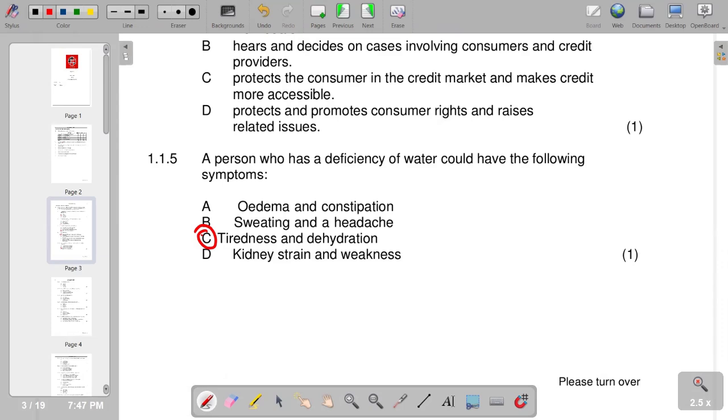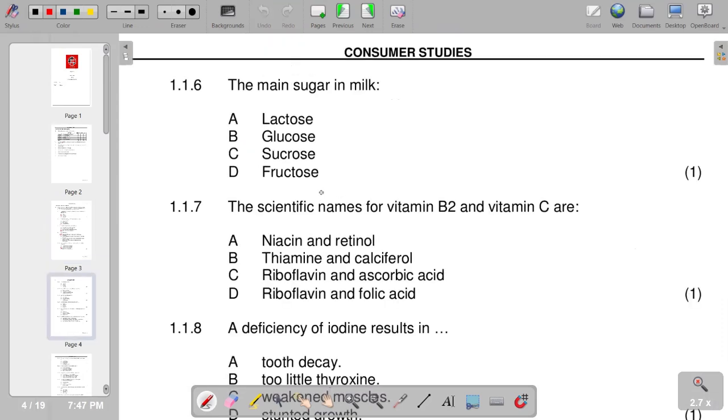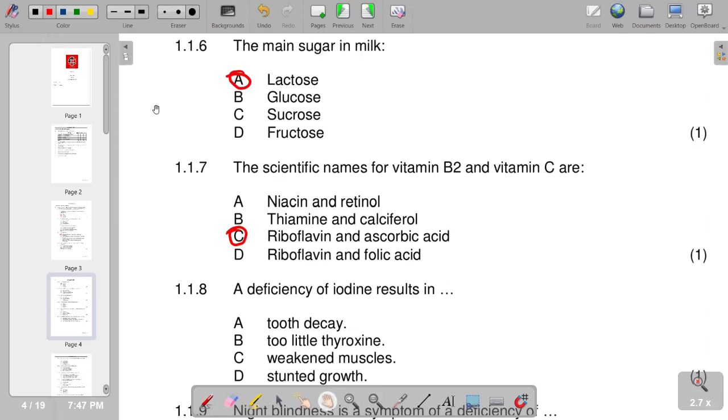Then move on to the next one, number 6. The main sugar in milk is lactose. We have lactose, A. The scientific names for vitamin B2 and vitamin C are. According to our responses, of course, it is riboflavin and ascorbic acid. So we have C as the correct one. Number 8, a deficiency of iodine results in.